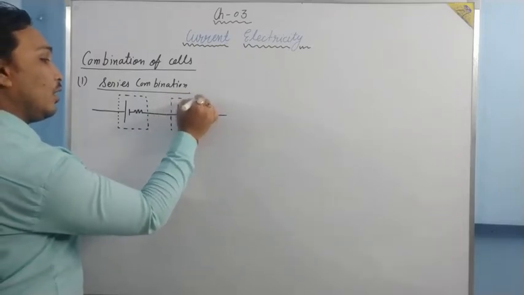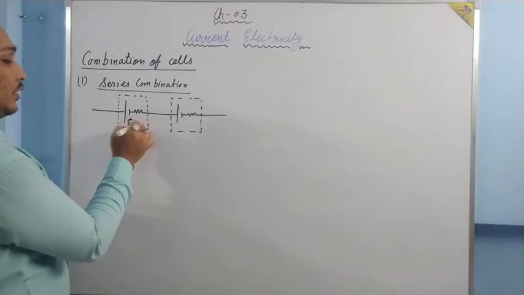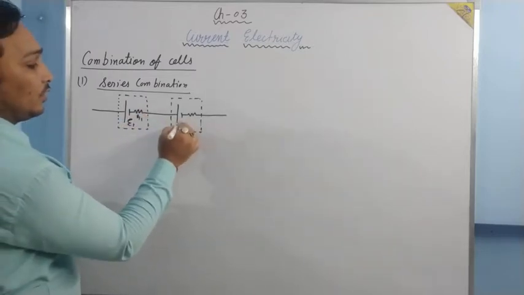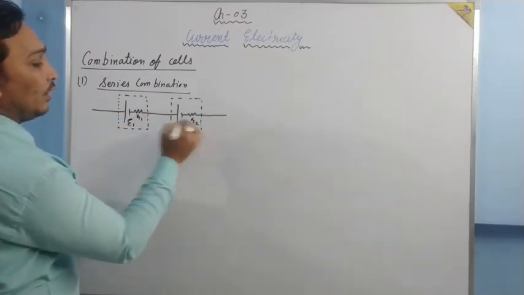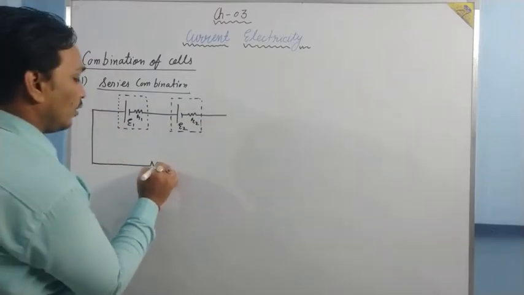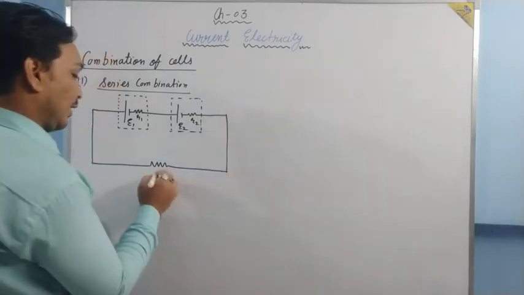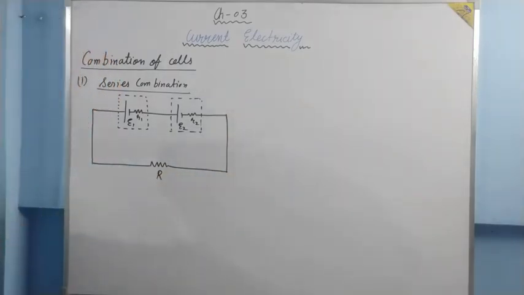Okay. Now just try to understand, if this EMF is E1, internal resistance R1, this EMF is E2, internal resistance R2, and they are combinedly connected to an external resistance capital R. Okay, so this is what the series combination of cell looks like.